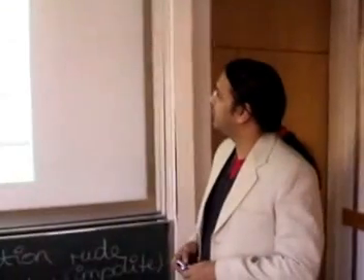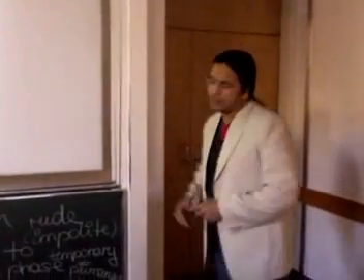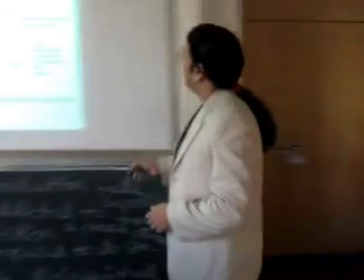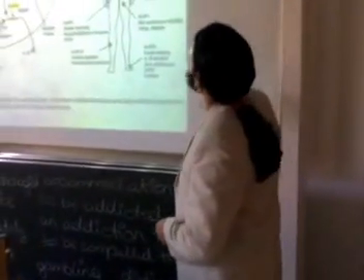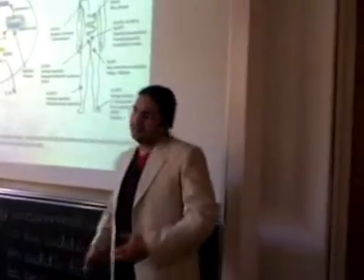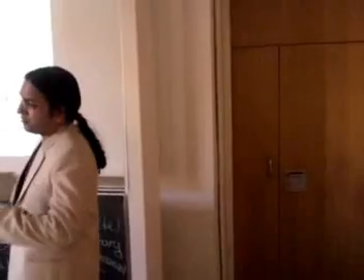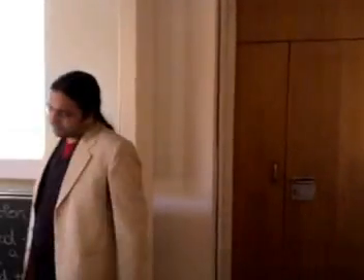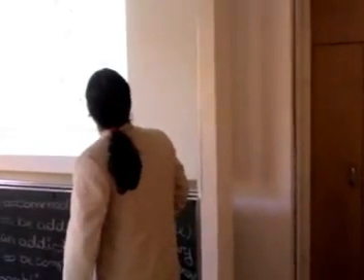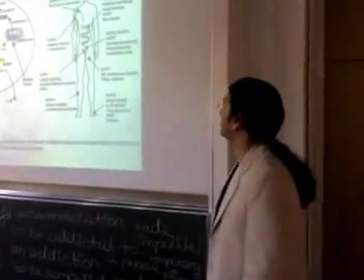NLRP3 is very well defined nowadays as being involved in regulating inflammatory responses mediated via interleukin-1. And mutations in NOD1 and NOD2 have been defined to be responsible for the genesis of many inflammatory diseases like Blau's syndrome, and they are also involved in asthma.